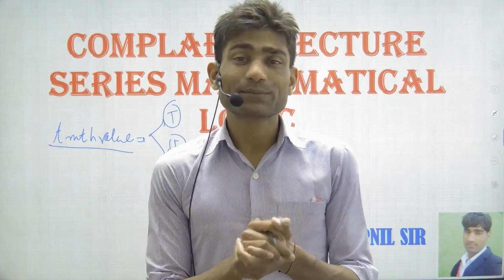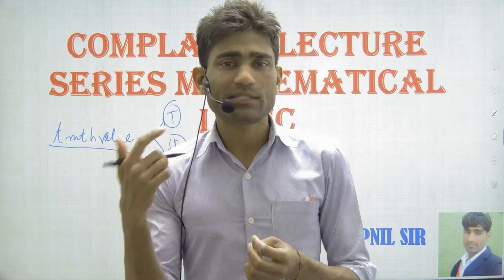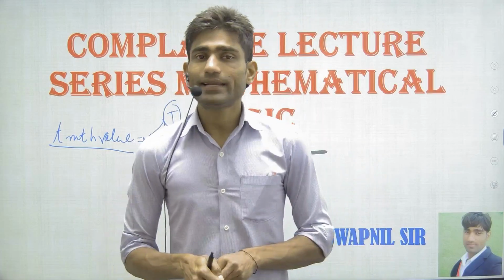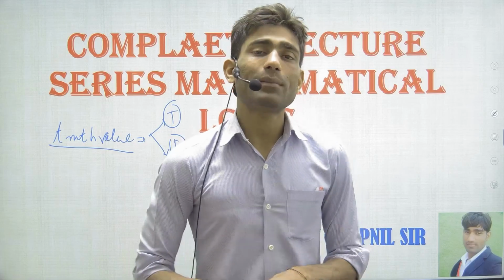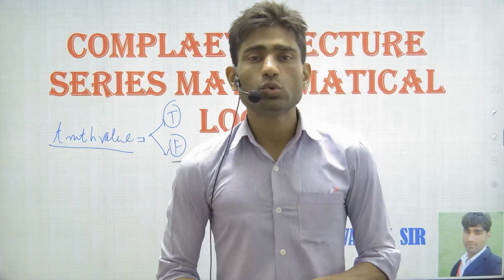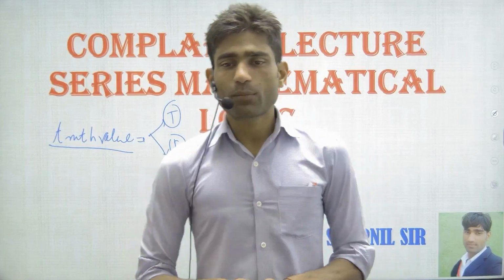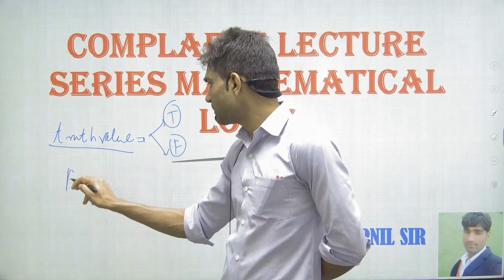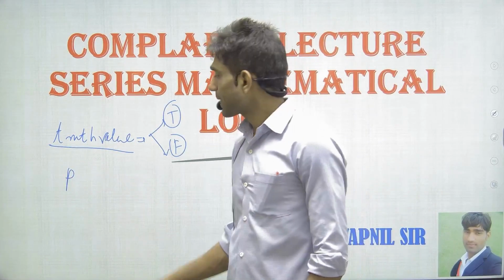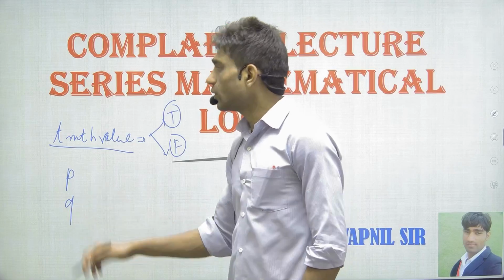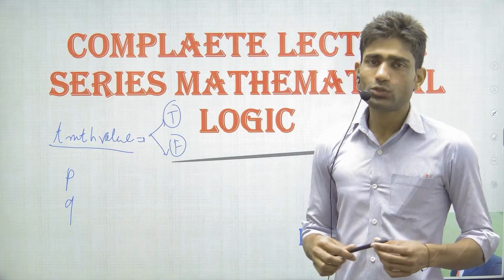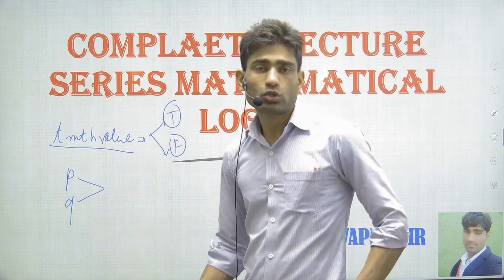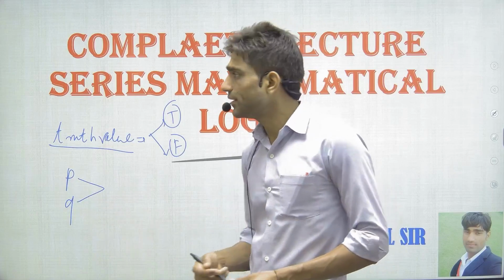But when it comes as part of two or three different statements, we have to apply the possible combinations to get the truth values. If I consider two statements, the first statement as P and the second statement as Q, we have to take the truth values of both combined.